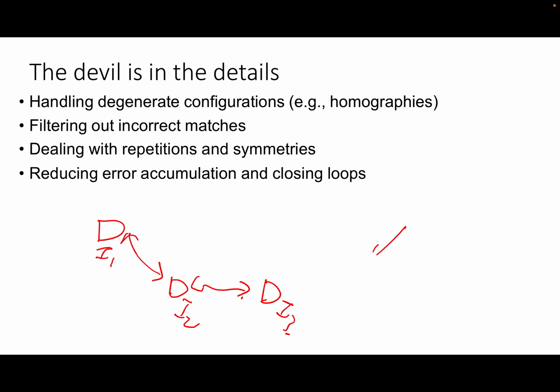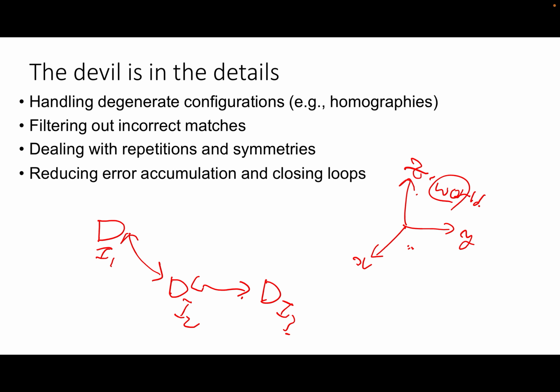But what we want is the world coordinate system. What we want is rotation with respect to the world coordinate system, not relative between images. What we want is just rotation with respect to this fixed canonical coordinate system.